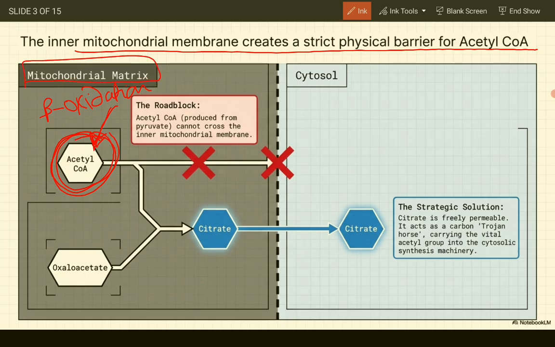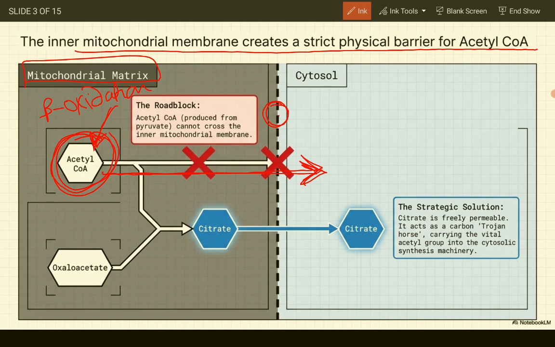But the biosynthesis of lipid molecules or fatty acid actually occurs in the cytosol. So this acetyl CoA needs to go from the mitochondrial matrix into the cytosol. Acetyl CoA is impermeable. The inner mitochondrial membrane doesn't let acetyl CoA pass.